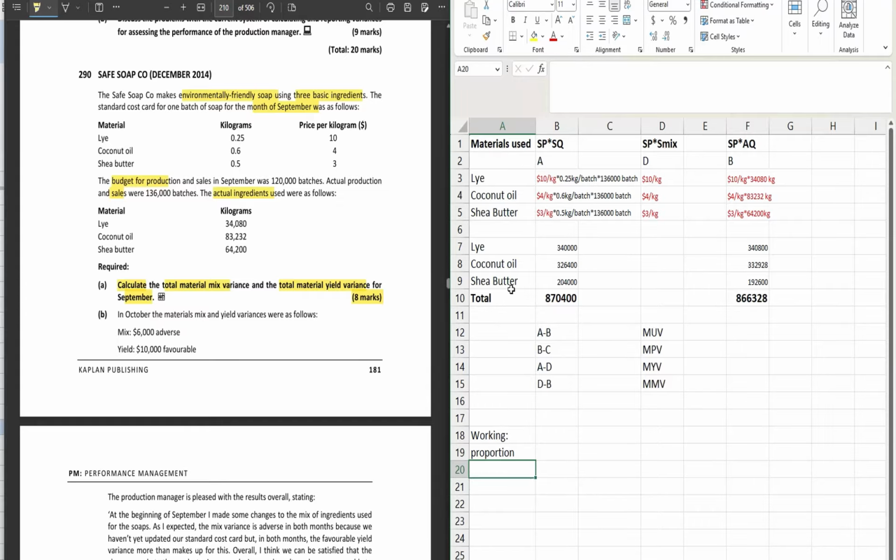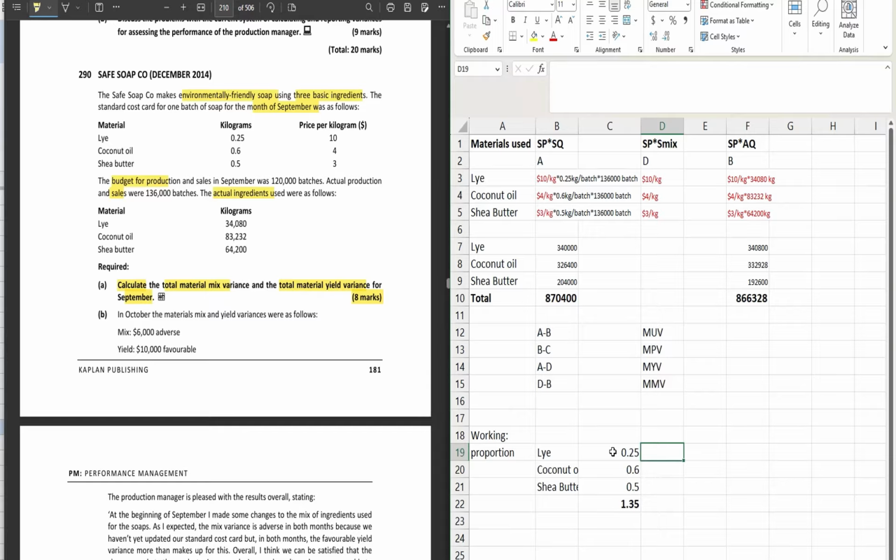There are three kinds of material being used to produce the final product soap, and as per the standard cost card, how much has been used for one batch is 0.25, this is 0.6, and this is 0.4. So altogether how much has been used for one batch of production of soap is 1.35.